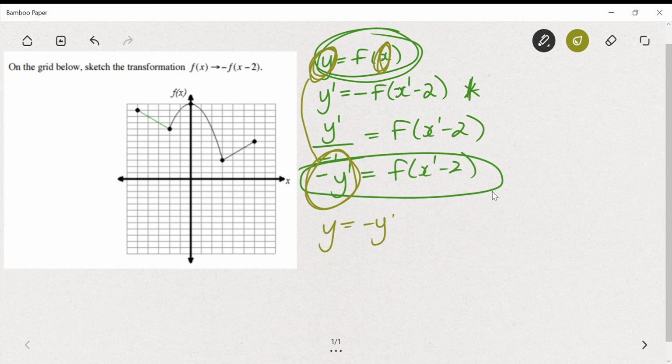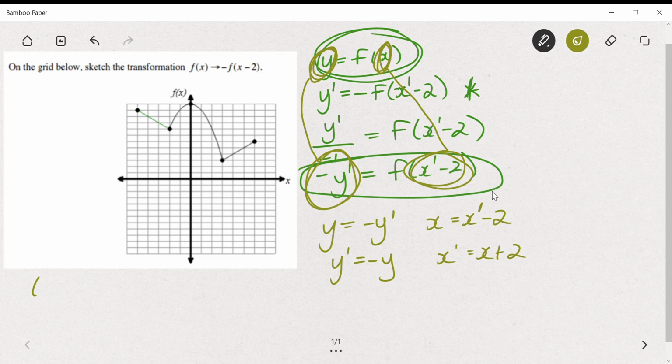And this x up in the top here is the same as this here. So x is equal to x prime minus 2, because that's how the mapping goes. And just rearranging, y prime equals minus y, and x prime equals x plus 2. So we normally get some point, like the point x y, and we map it, and it becomes the point x prime y prime on our transformed curve.